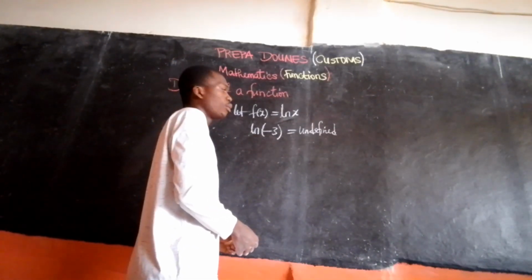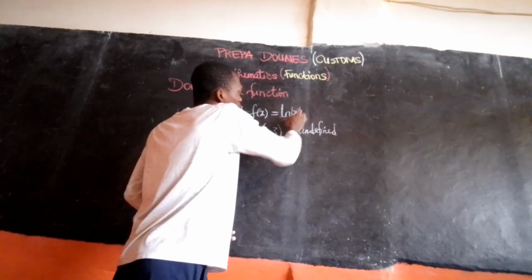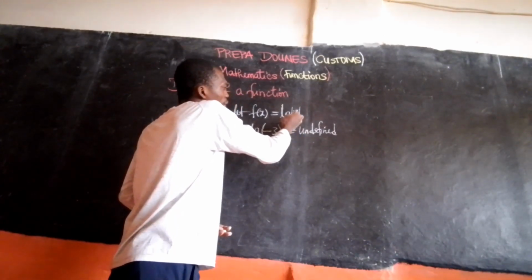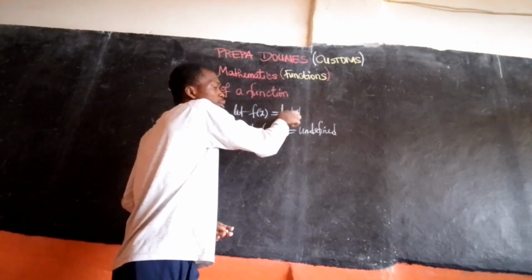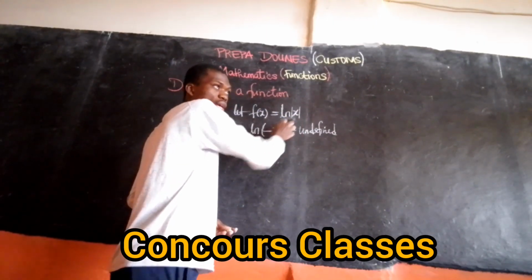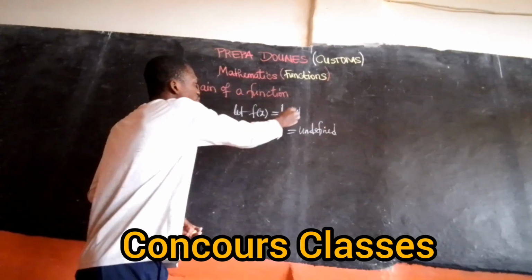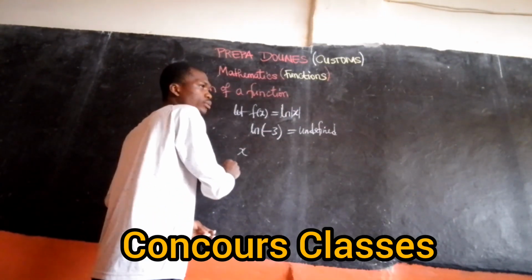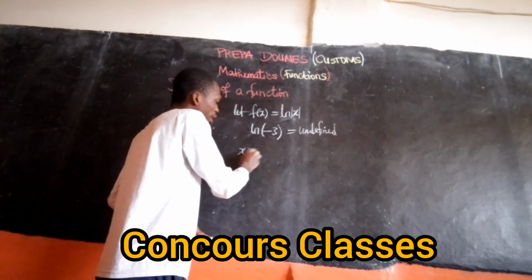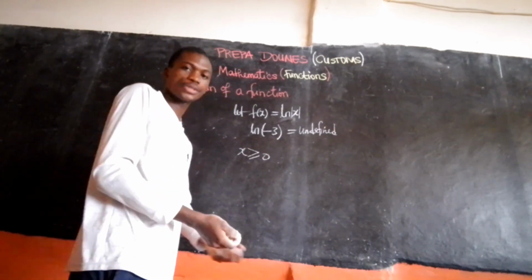So by the time we put ln, we must always try to put an absolute value, and the absolute value means that no matter the value here, it should be positive. It must be positive. So the domain of this function is such that x should be positive, greater than or equal to 0. Simple. The same way we did for the square root.